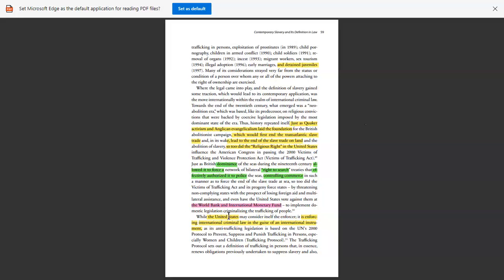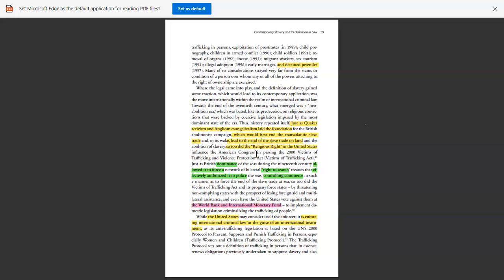So the United States is enforcing international criminal law in the guise of an international instrument. I mean, it says it right in here. You can take out the extra words that get in the way, so it makes perfect sense. We see right here, the United States uses the International Monetary Fund and the World Bank. The United States is enforcing international criminal law in the guise of an international instrument.